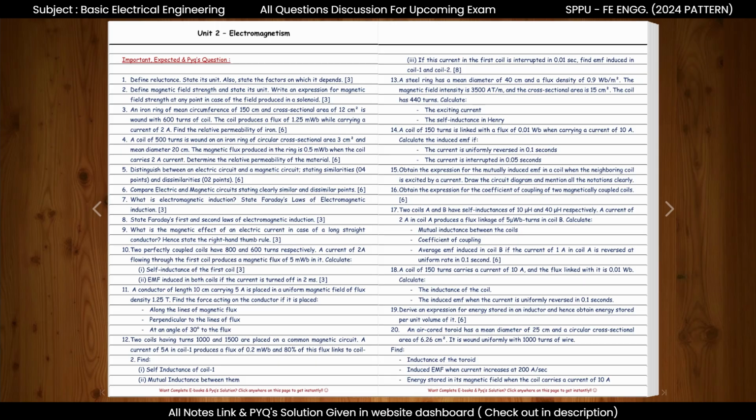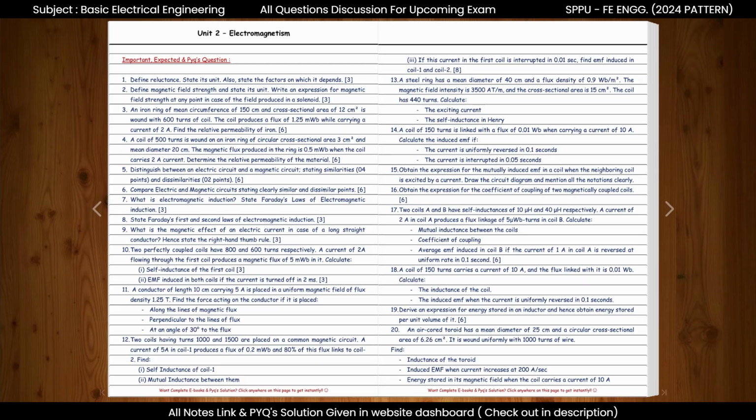Find self-inductance of coil 1, mutual inductance between them, and the EMF induced when the current in the first coil is interrupted in 0.01 seconds. Mutual inductance shows how much EMF is induced in one coil when the current in a nearby coil changes. We calculate it using M equals N2 times flux 2 divided by I1.